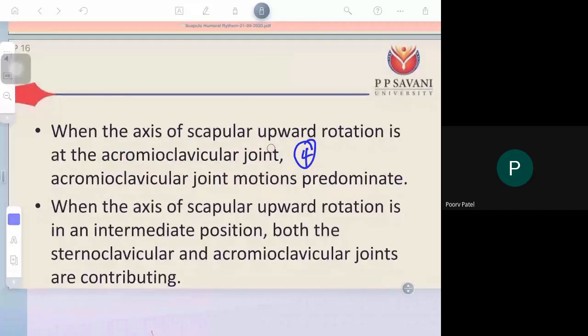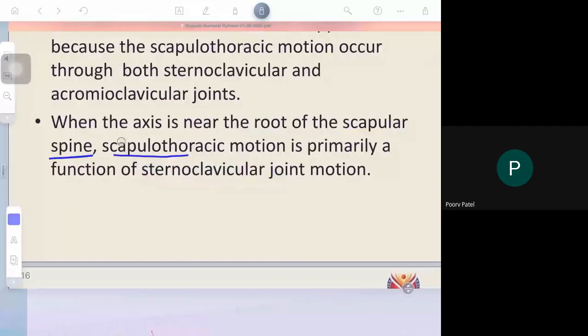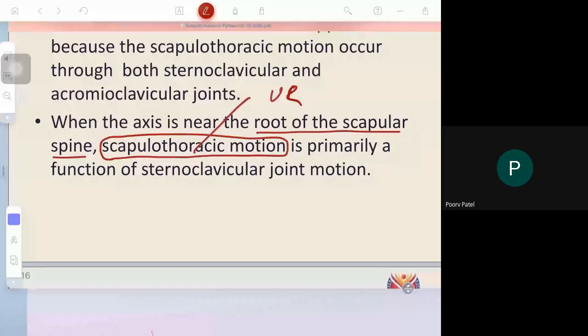Now you read this sentence again. When the axis is near the root of the scapular spine, rotation, that is scapulothoracic motion. What is the scapulothoracic motion? That is upward rotation. Upward rotation is a primary function of the sternoclavicular joint when the axis is near the root.